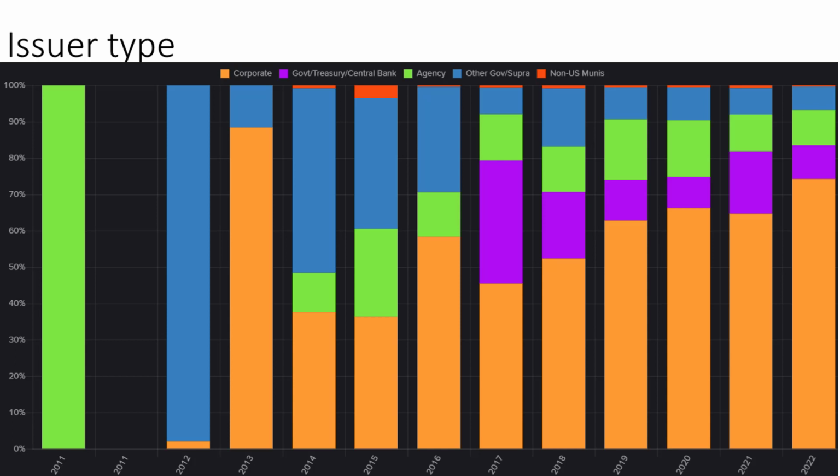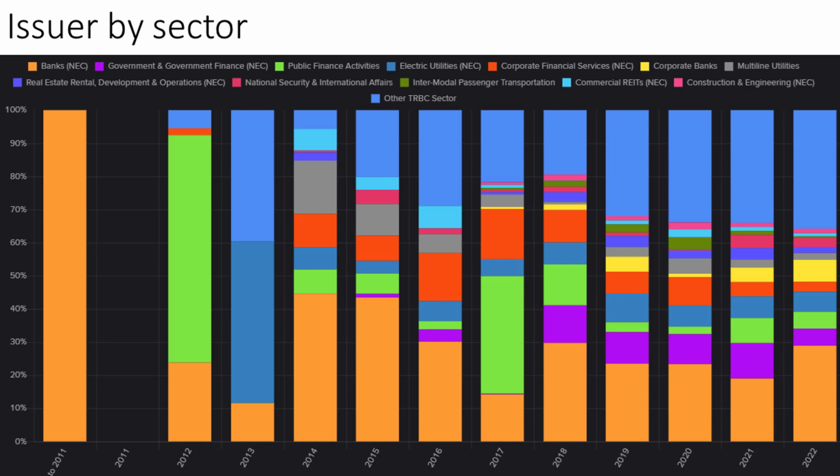And also we can see that agencies are there, but their previous importance is now starting to be a bit more marginalized. And also we can see here local municipalities. So in many countries, municipalities are also allowed to issue bonds for general funding or for specific projects.